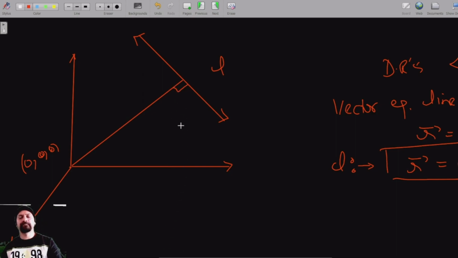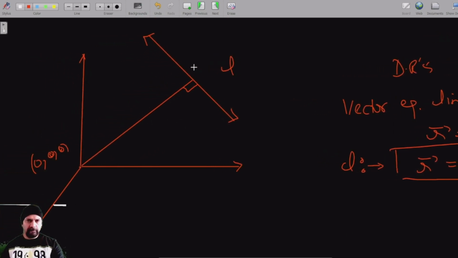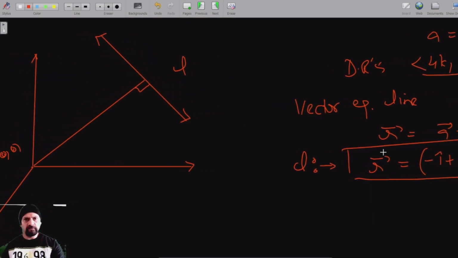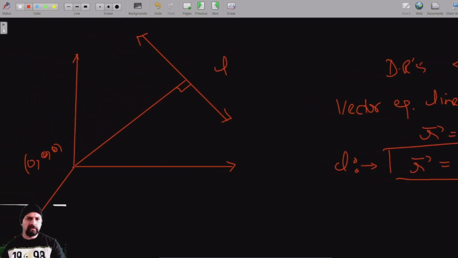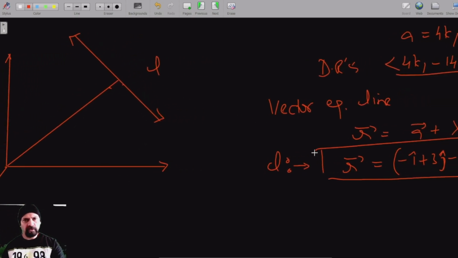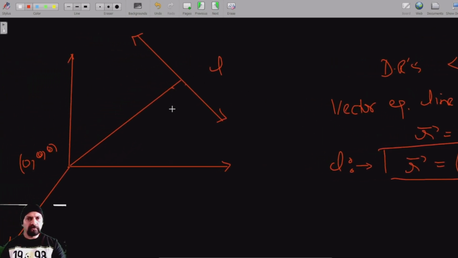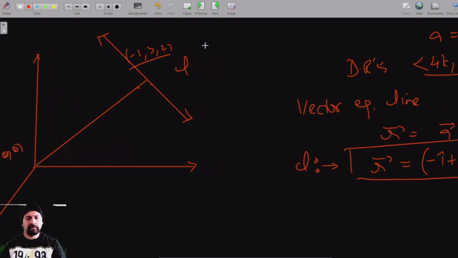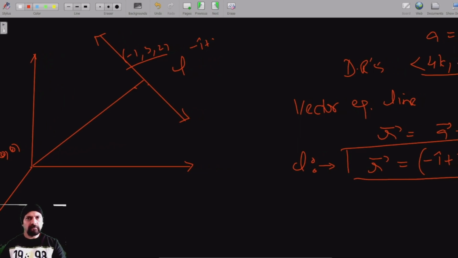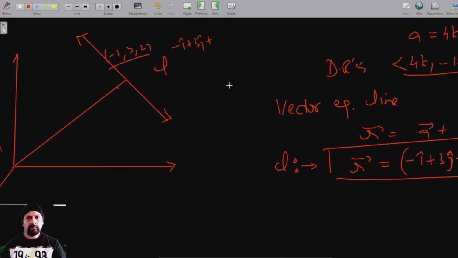Okay, now this line is passing through the point minus i plus 3j minus 2k. So the distance from the origin would be the distance between any 2 points that we take on line L. So line L is passing through (-1, 3, -2), and its position vector is minus i cap plus 3j cap minus 2k cap.